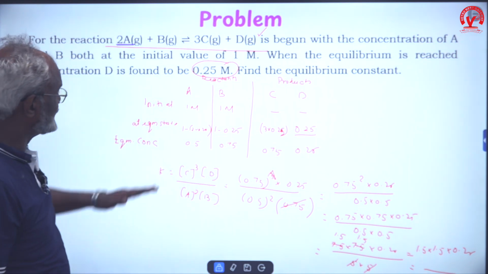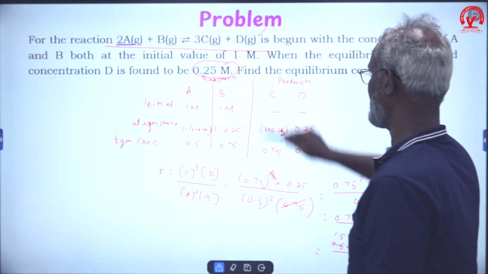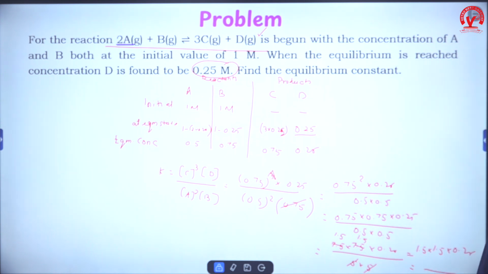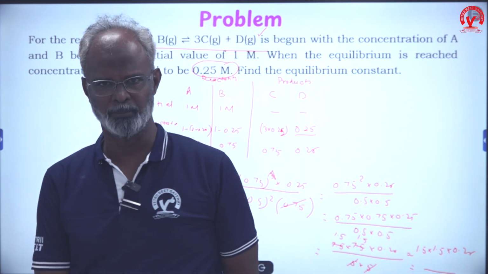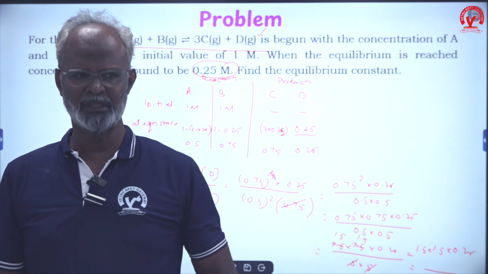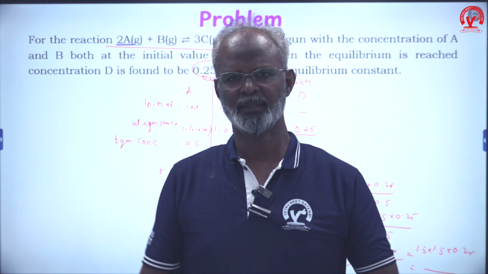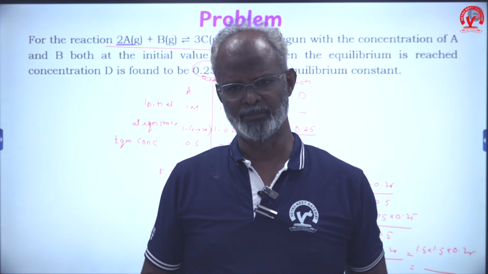If you know them, then substitute in the equilibrium constant expression according to the equation given, and you get the answer. This is another type of problem. This lesson is very important for problems, so you have to practice some more problems from the NCERT book or from a NEET practice book.